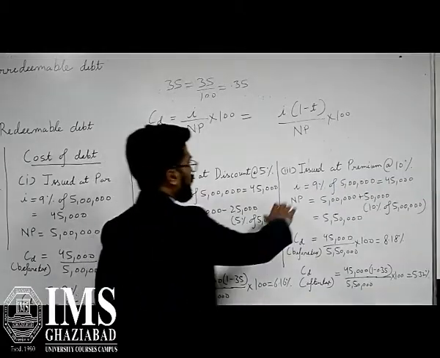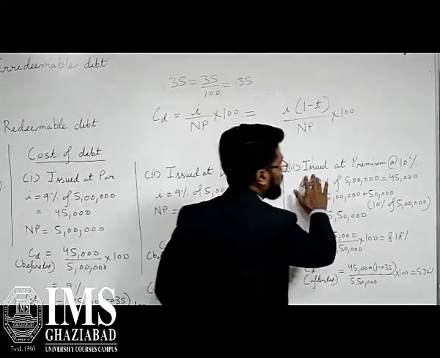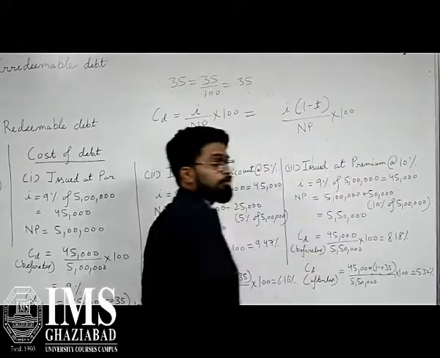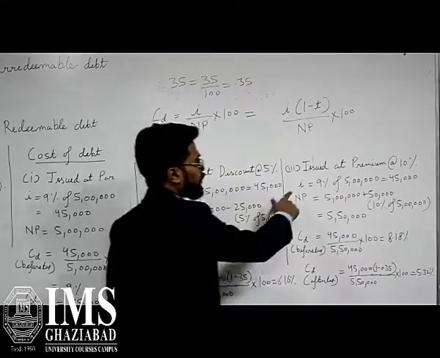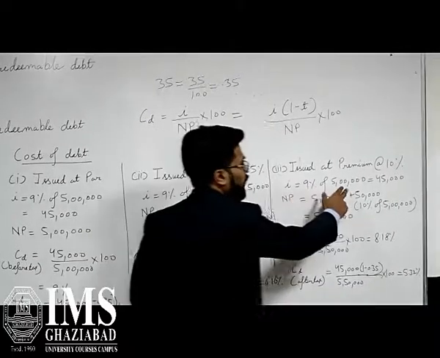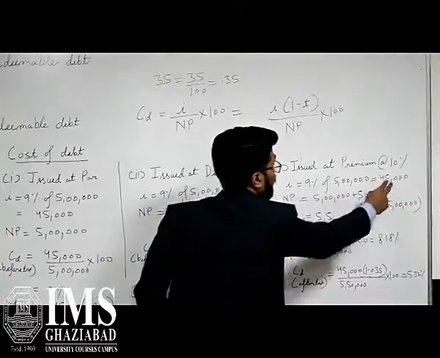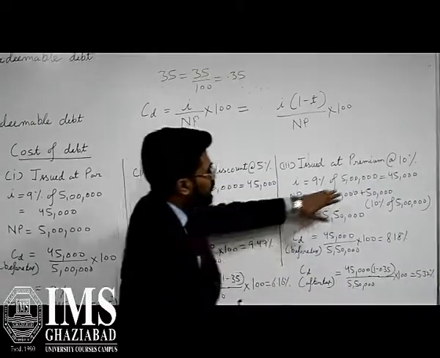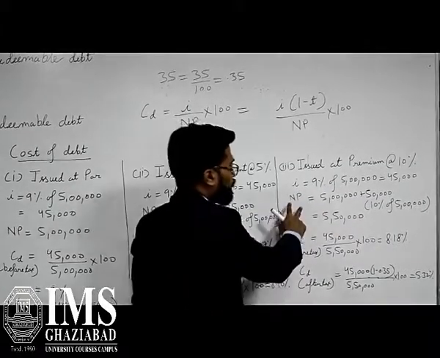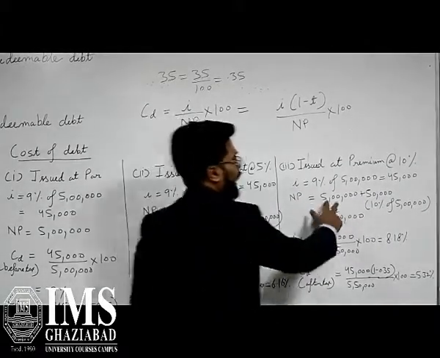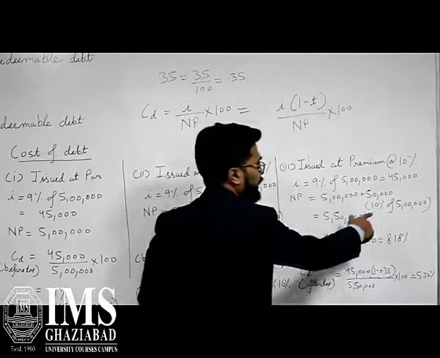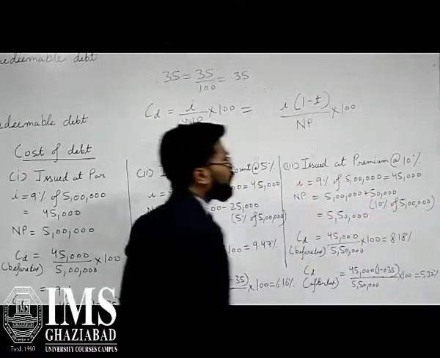In the third part, at a premium of 10%, we are issuing debentures at a premium of 10%. Now I is 9% of rupees 5 lakh, that is 45,000, which we have already calculated. NP, the net proceeds, is 5 lakh plus 50,000, which is 10% of rupees 5 lakh.